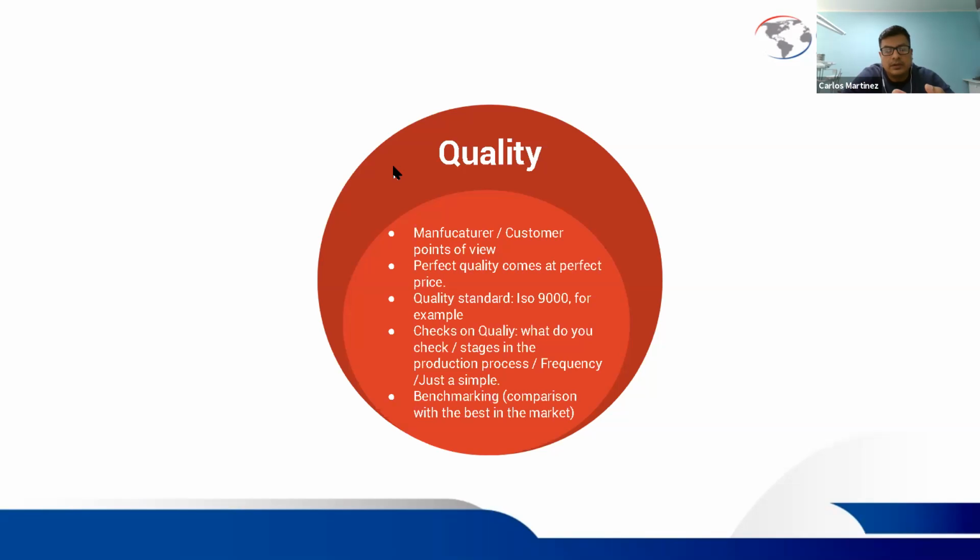international evaluators like ISO, or we need to be able to check quality in all the different stages of the production process. And we need to also be able to benchmark with the best in the business. For example, if you want to sell a cell phone, then you will compare it with maybe Apple or Samsung.